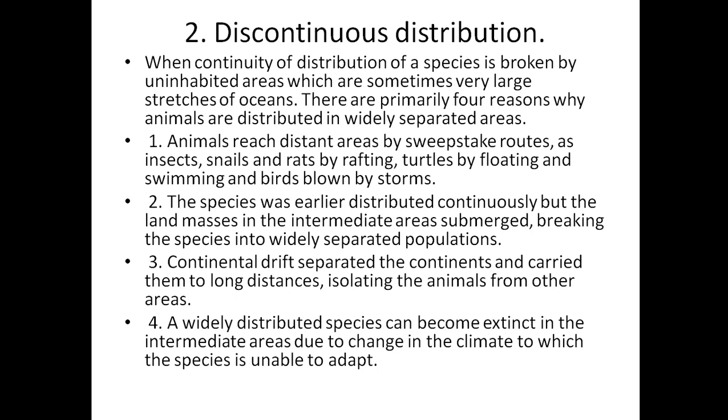Because of the submergence in the intermediate area, the total climate of that region changes. And when there is a change in the climatic condition, many organisms found in those regions might have become extinct. Why did they become extinct? They were unable to adapt to the new challenges of life.